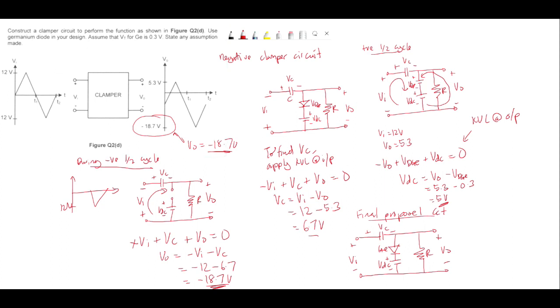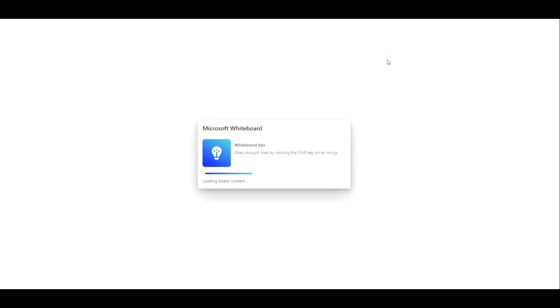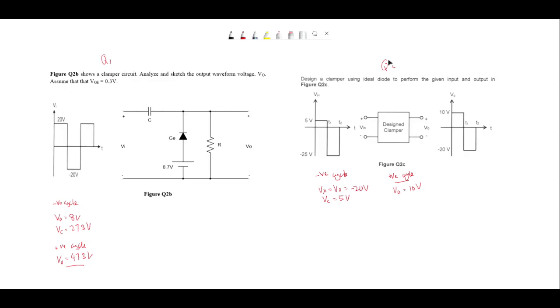As usual, I provide you some exercises to test your understanding of the clamper circuit. I provide you two questions. Question 1: Figure Q2B shows a clamper circuit. Analyze and sketch the output waveform voltage Vout.